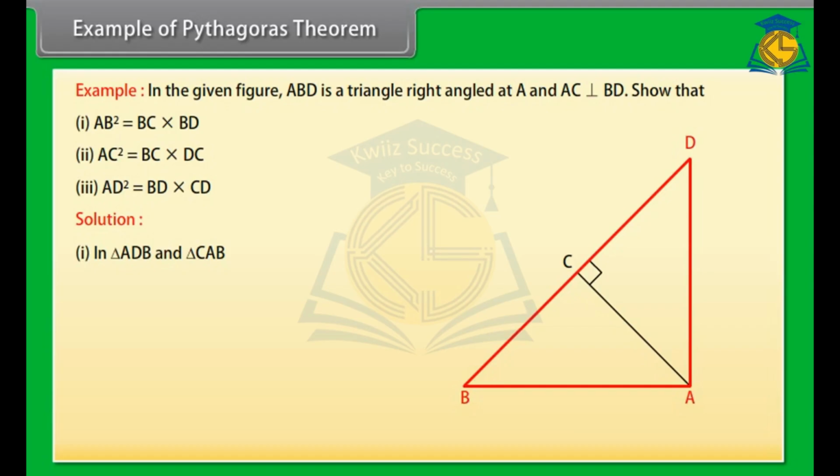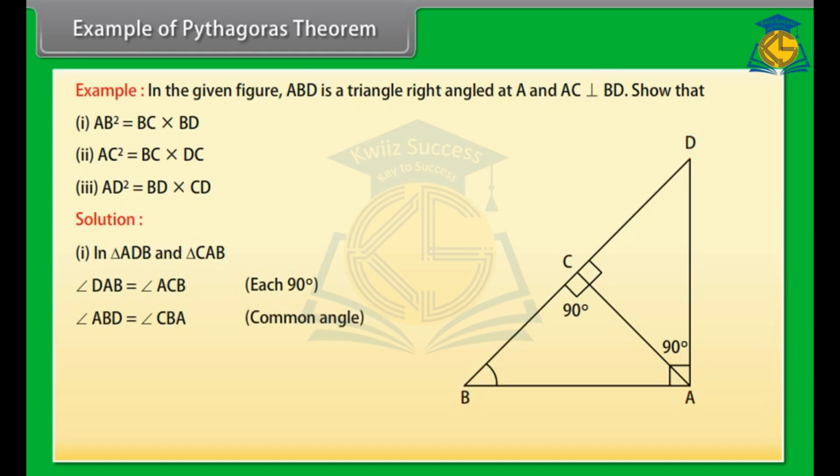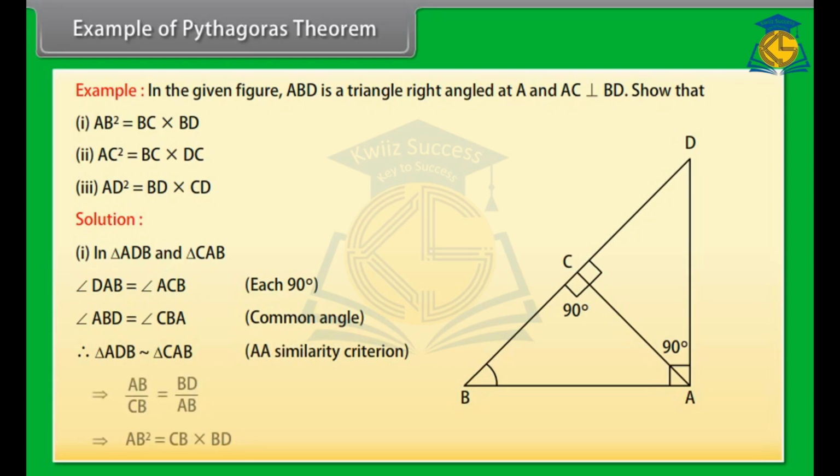In triangle ADB and triangle CAB, angle DAB equals angle ACB, each of 90 degrees. Angle ABD equals angle CBA, common angle. Therefore, triangle ADB is similar to triangle CAB by AA similarity criterion, which implies AB square equals CB into BD.